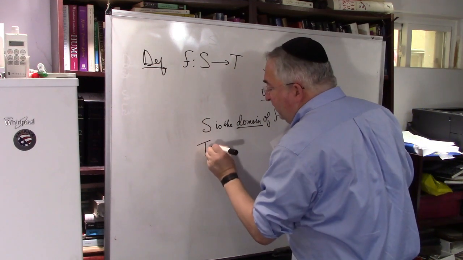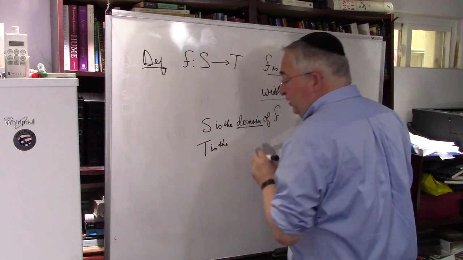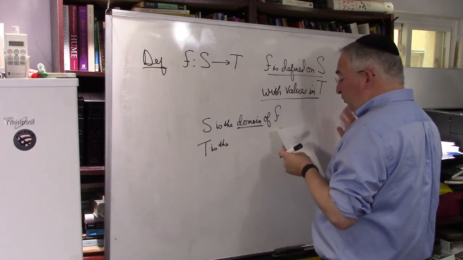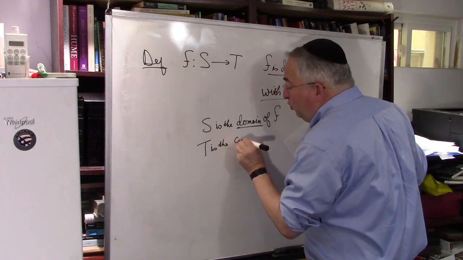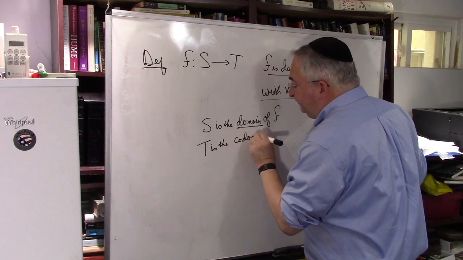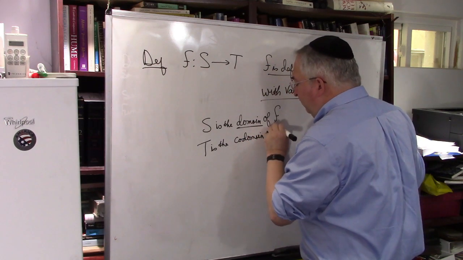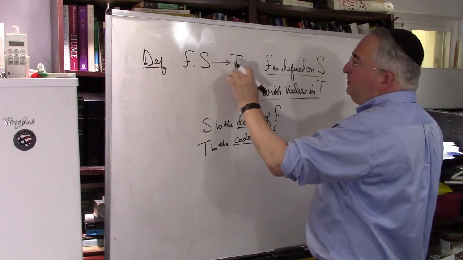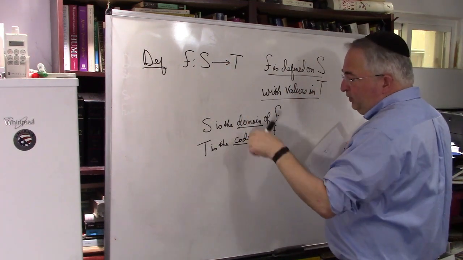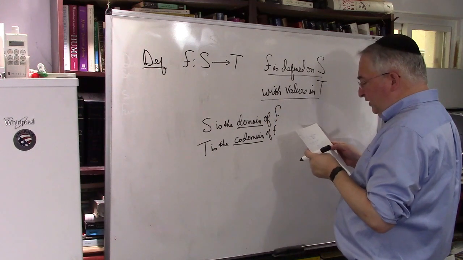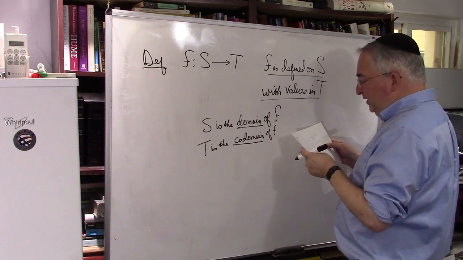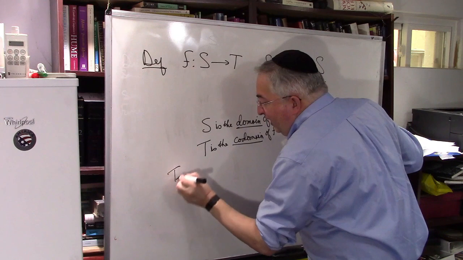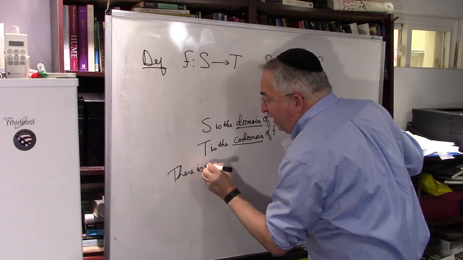And T, the book uses this notation so we're following the book, is the codomain of f. So if this is the domain, this is called the codomain. The word co just means the other side. Okay? Great.